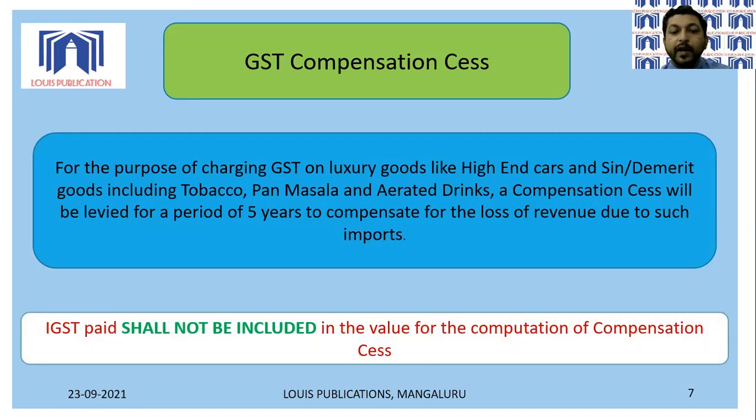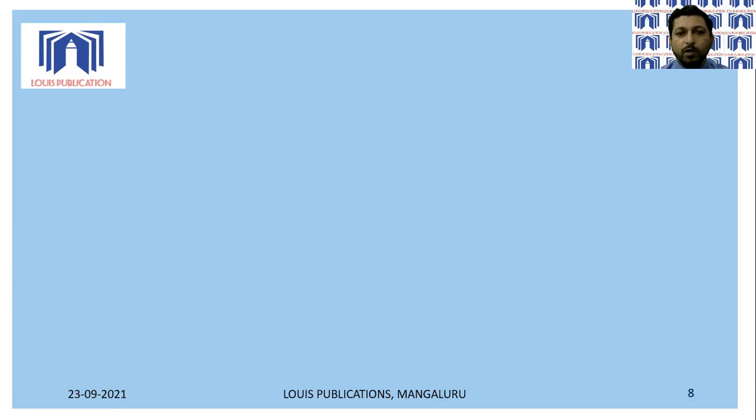Now, IGST paid shall not be included in the value for the computation of compensation cess. We have to understand this. IGST paid will not form a part of the value for calculating compensation cess. So we'll understand the relevance of the statement when we come to problem solving.